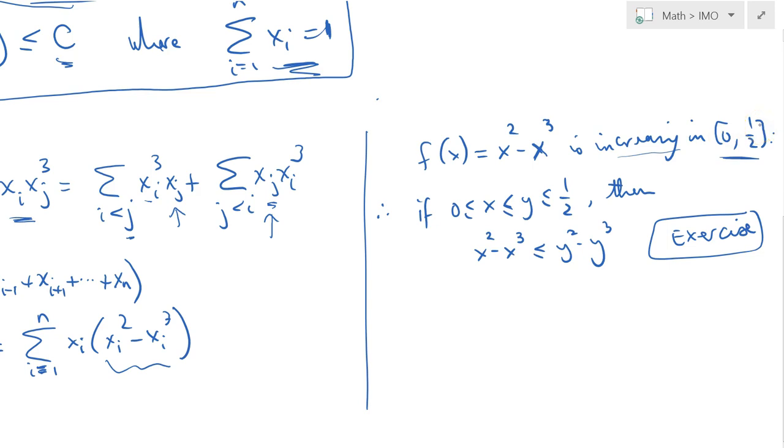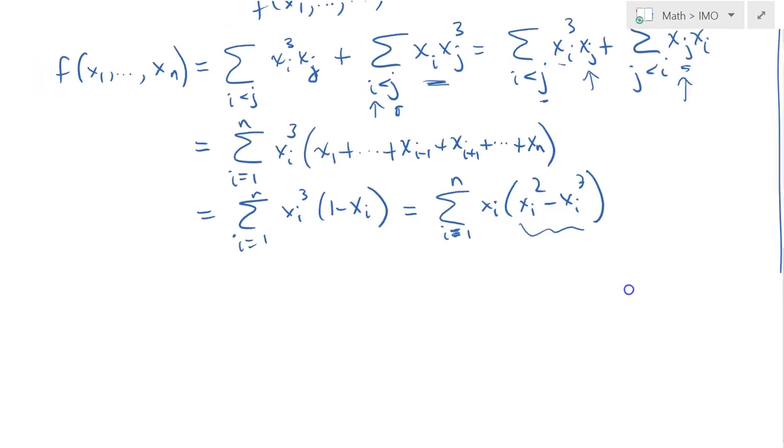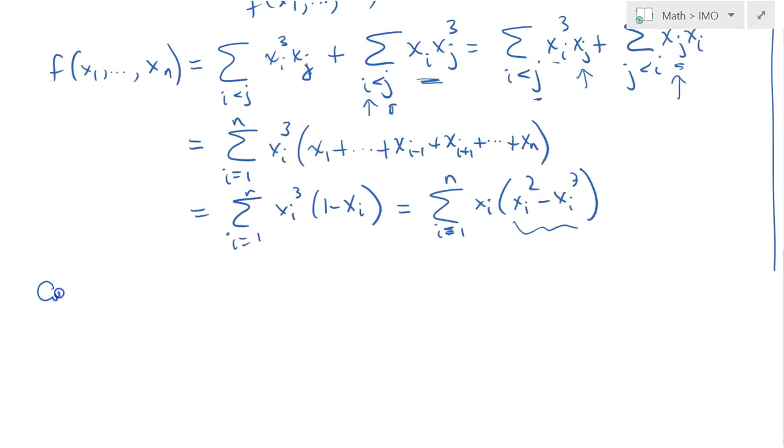Okay, so I will study the rest of the problem as two cases. The first case, case 1. In the first case, let's assume that for all i, x_i is in the interval 0 to 1/2.